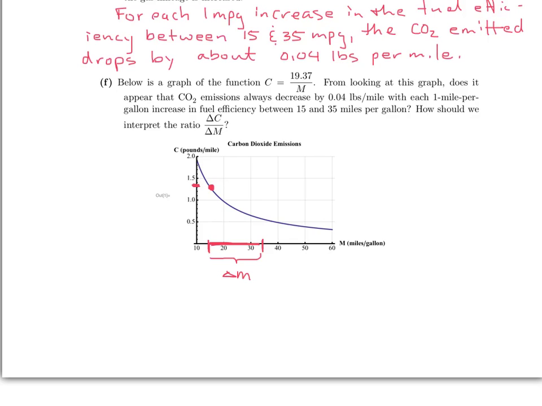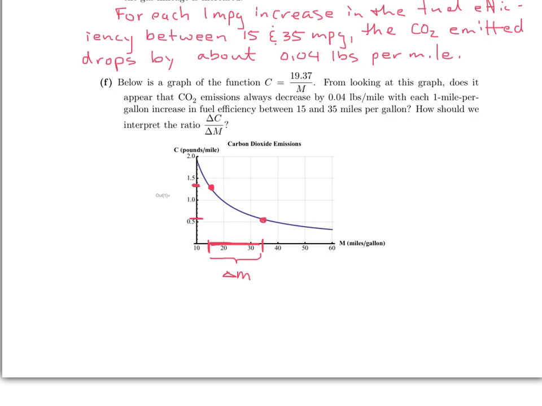Similarly, if I look at the 35 miles per gallon and I go up to the graph, I get this point right here, and if I go from this point over to the vertical axis, I can find the emissions that correspond to a fuel efficiency of 35 miles per gallon. And we calculated that, again, in the table at the top of the page. That was about 0.55 pounds per mile. So I'm going to go ahead and mark that point and the corresponding value over here.